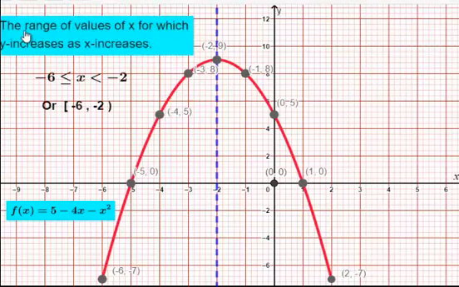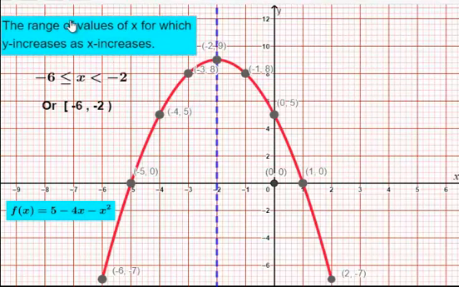So if you are asked to write the range of values of x for which y increases as s increases, then you write the inequality form or the interval notation form. Don't write both, they are all correct. So we have x is greater than or equal to -6 but less than -2.